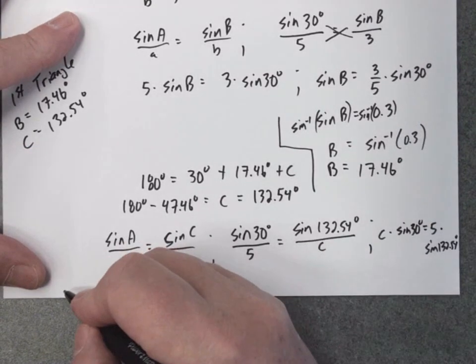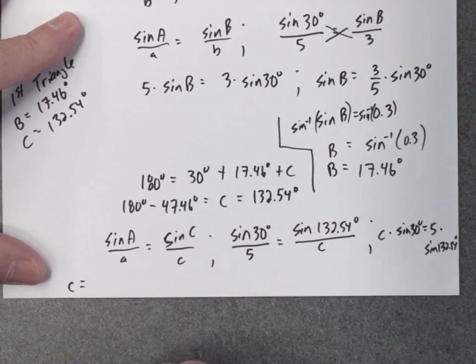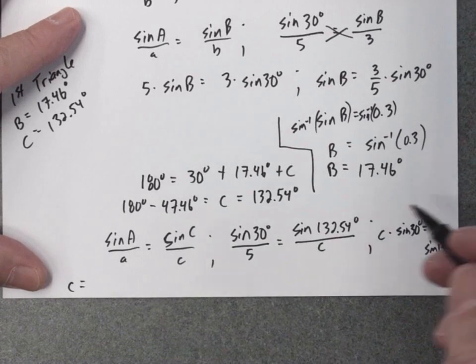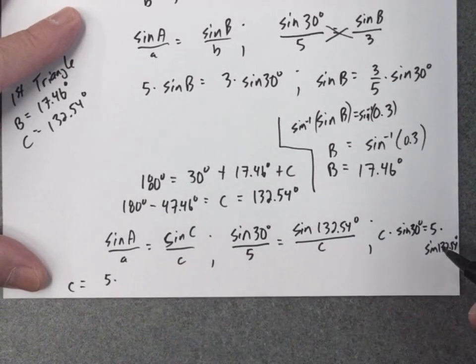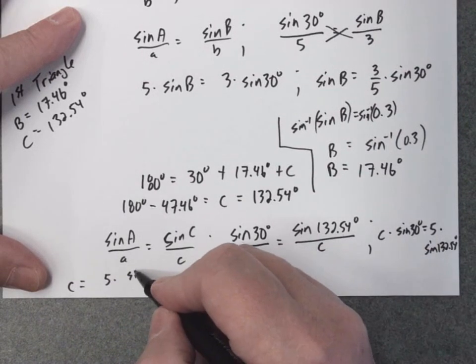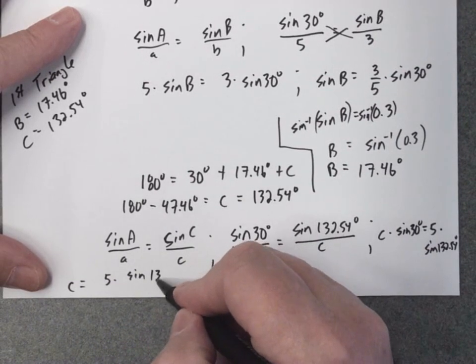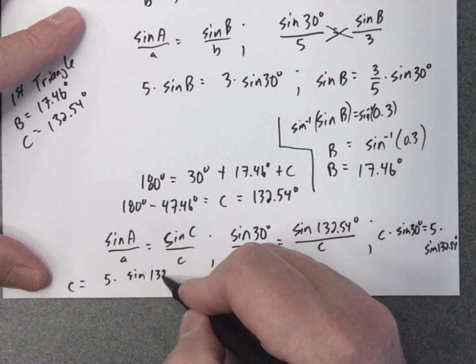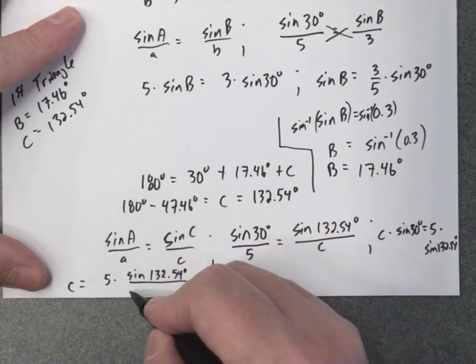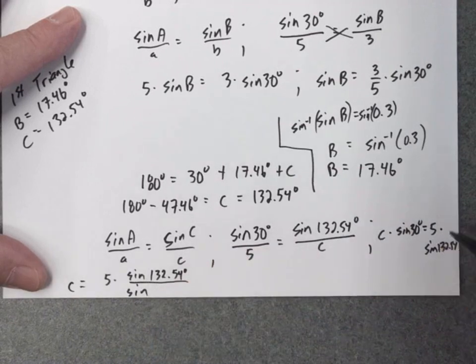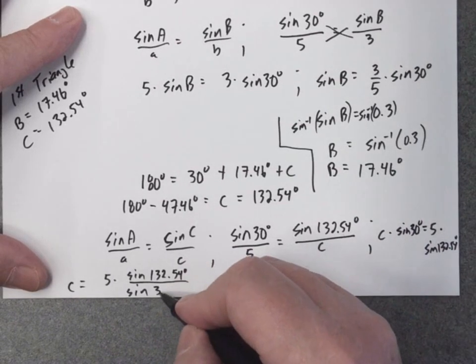So C is going to be 5 times the sine of 132.54 degrees over the sine of 30 degrees.